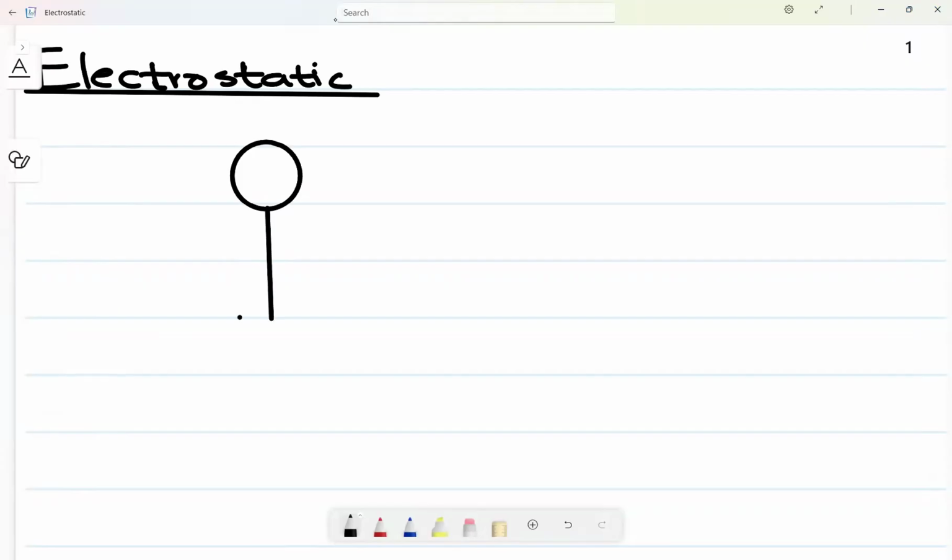Let's have a sphere like that, or whatever metal sphere, something like that. Now, say this one is a positive charge and this one is a negative charge, okay?